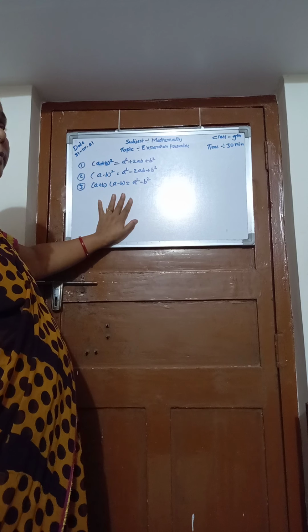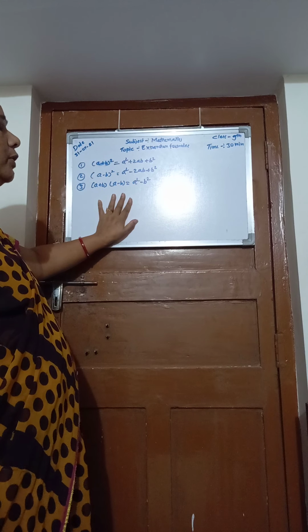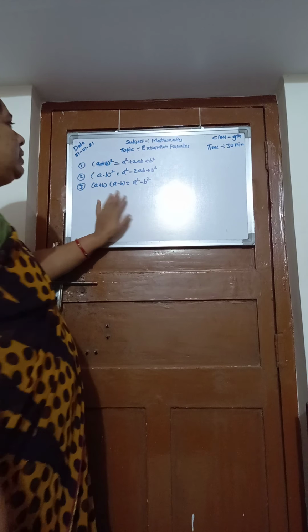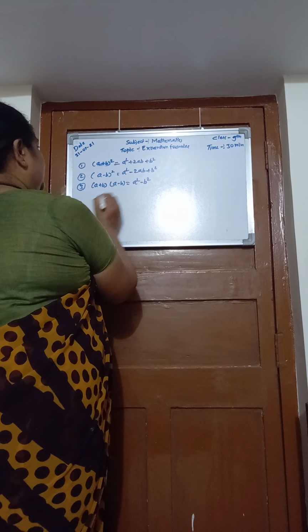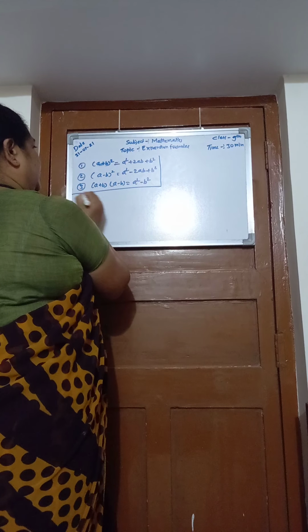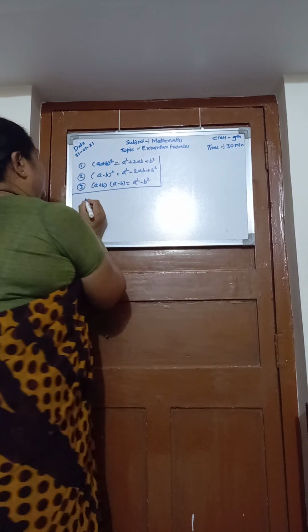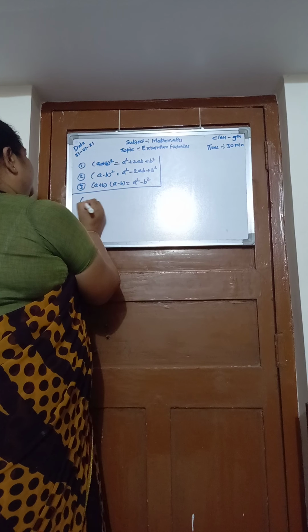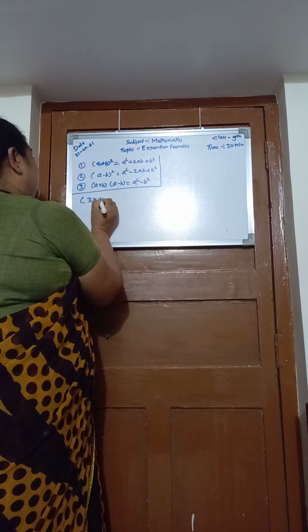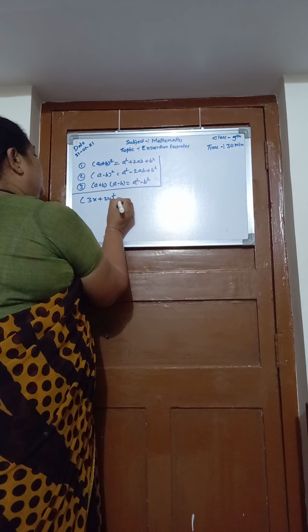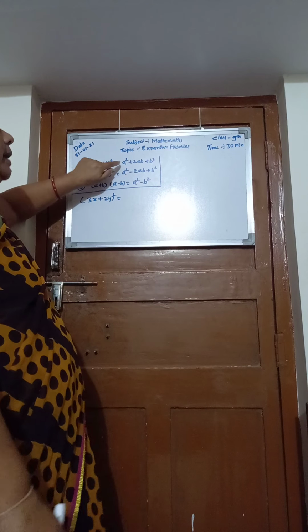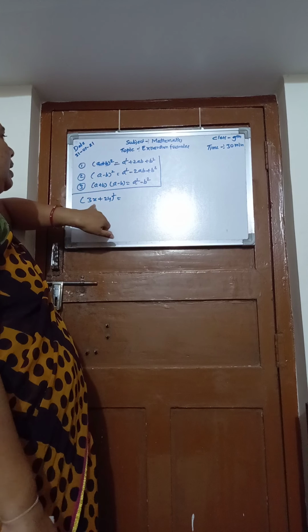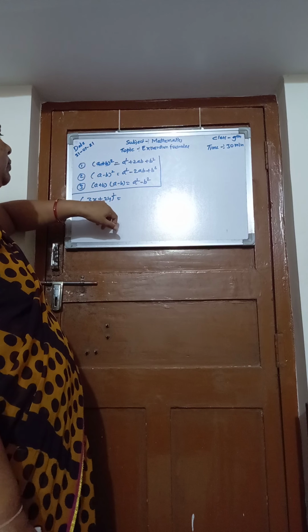I am giving you some examples and you have to solve them. First is 3x plus 2y whole square. Who will calculate it by using this formula? Okay, a equal to 3x and b equal to 2y.